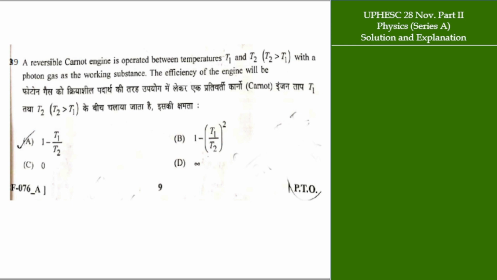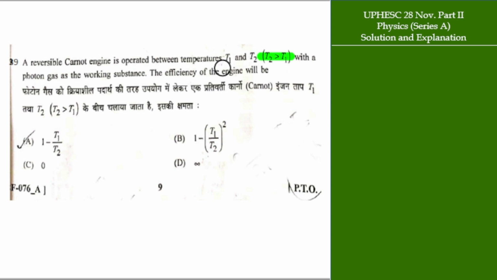Now, what is the key point here? They have provided temperatures T1 and T2, but conventionally in your textbook, T1 is the temperature of what? Source, and we consider T2 as the temperature of the sink, but here the reverse is given. You can see here T2 is greater than T1, meaning T2 is the temperature of the source and T1 is the temperature of the sink.